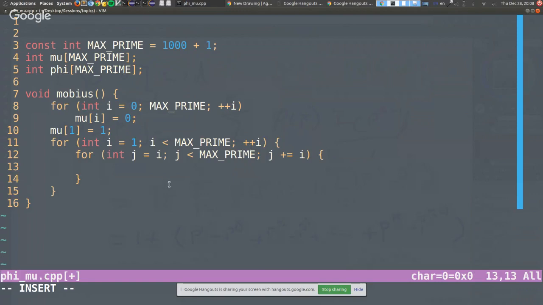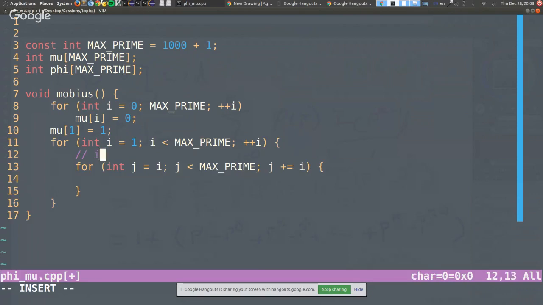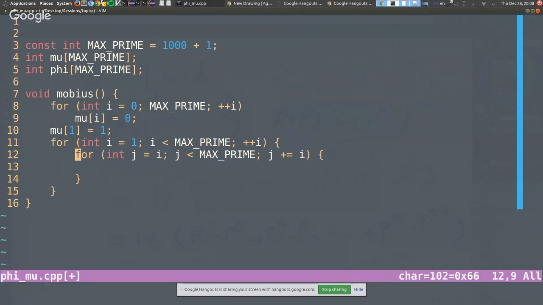So the hard part here is that we have to not make the optimization of checking. We cannot check if prime, because it's not related to the summation that we want to compute, or also this optimization of i squared. Here we need all the elements.